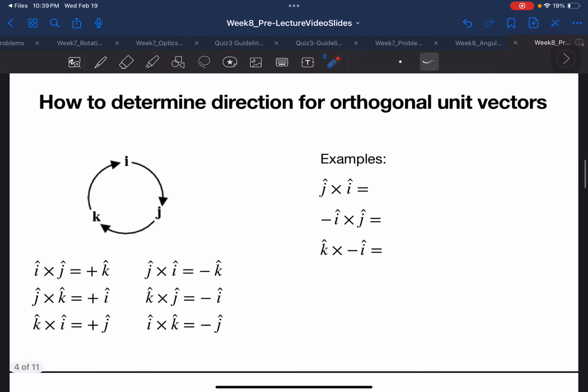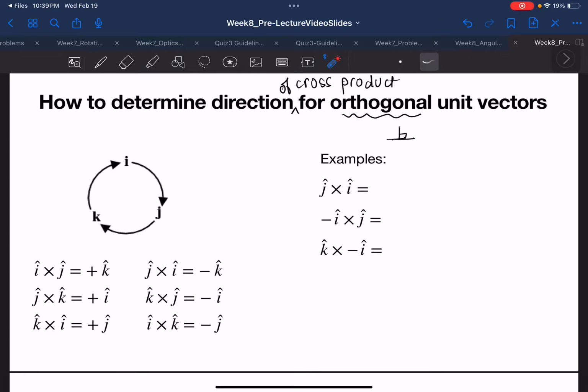Now this nice little picture helps you determine the direction of the cross product for orthogonal unit vectors. Also a reminder, orthogonal means perpendicular.